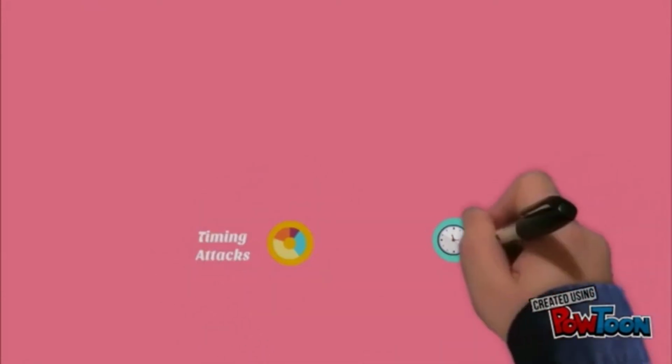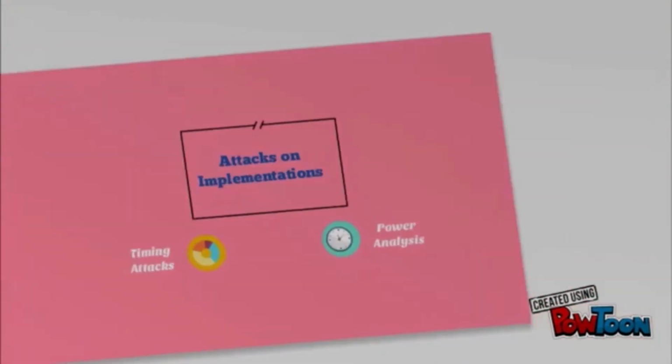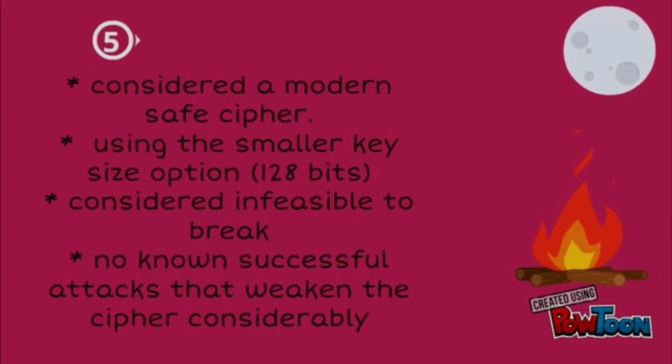Attacks on implementation: power analysis, timing attacks. Consider a modern block cipher using the smaller key size option, 128 bits. Considered infeasible to break, no non-successful attacks that weaken the cipher considerably.